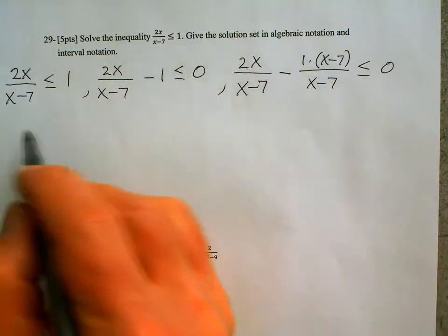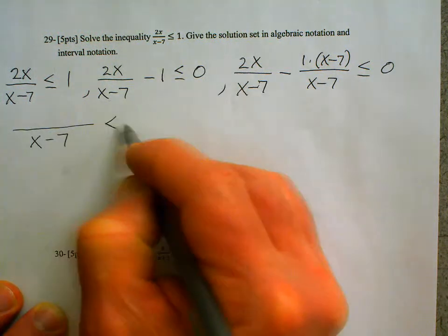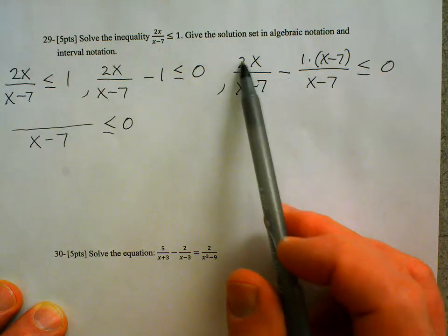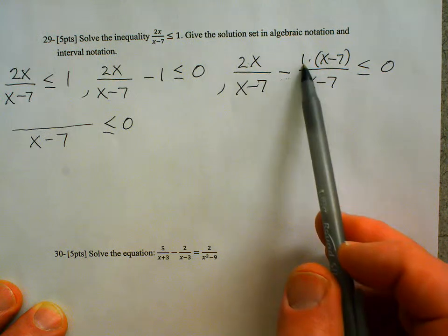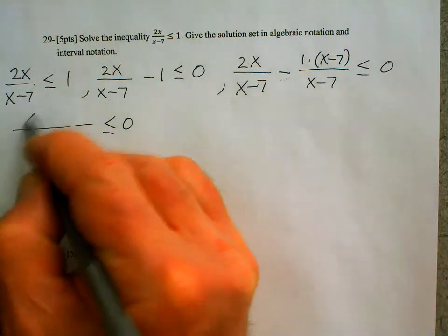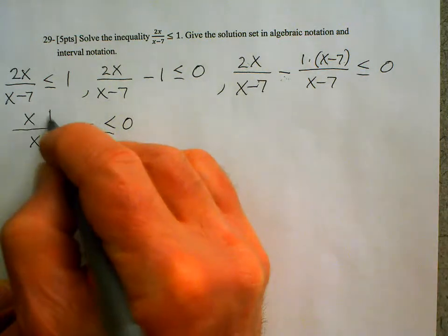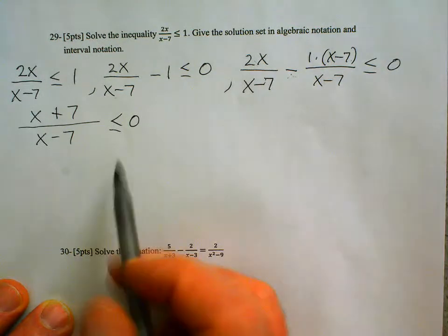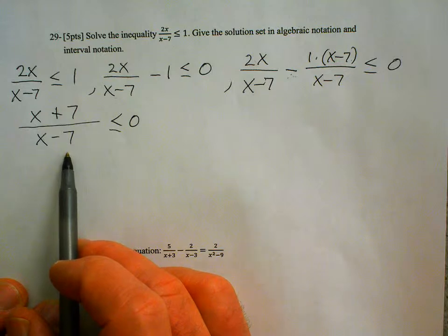And then once you have the common denominator, we can simplify the numerator. So make sure you're careful. We have 2x minus x, which is x. And we're also subtracting negative 7, which is the same as adding 7. So that rational inequality simplifies to x plus 7 over x minus 7.